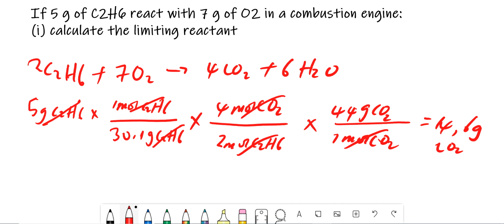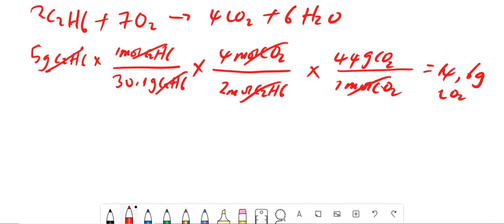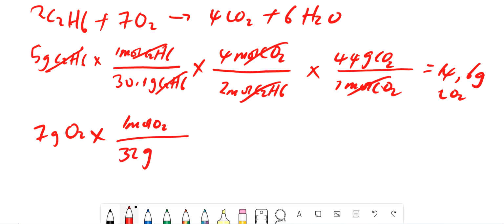And now let's calculate for oxygen. It's going to be the same steps. So we now have 7 grams of oxygen. First convert it to moles: 1 mole of oxygen over the molar mass of oxygen, 32 grams of oxygen.